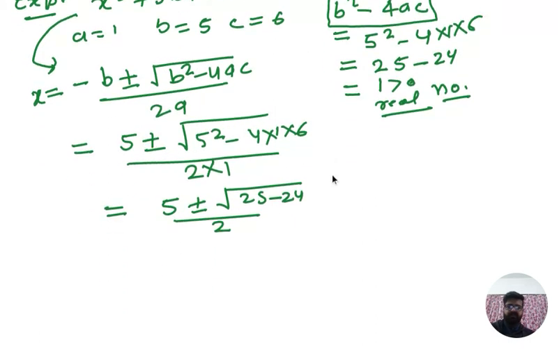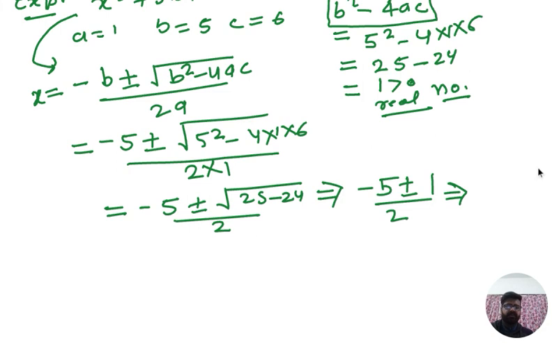So here you can see the value will come 5 plus minus, and what is the value of this? The final value will come 1, and here is minus also, divided by 2.